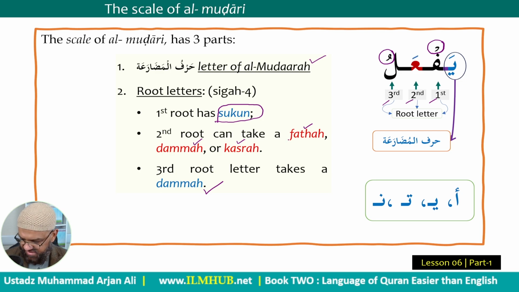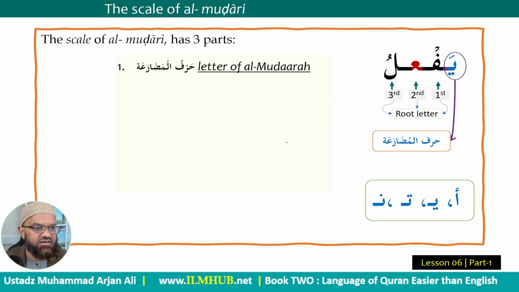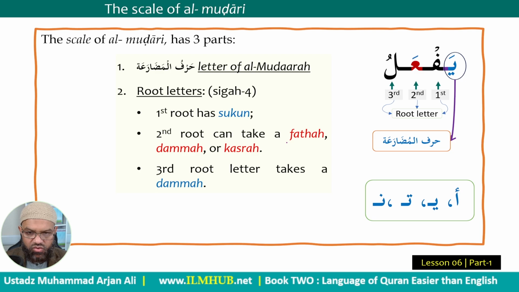Let me clean the screen out so it'll be easier for you to see. You have the first, yaf'alu, which is a fatha. Then the second version is yaf'ilu, which is a kasra, and the third version is yaf'ulu, which is a dhamma.